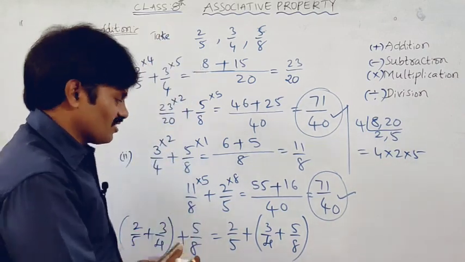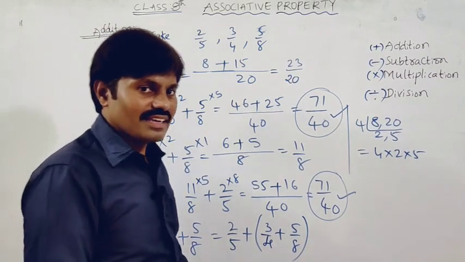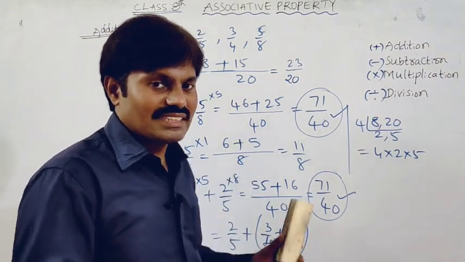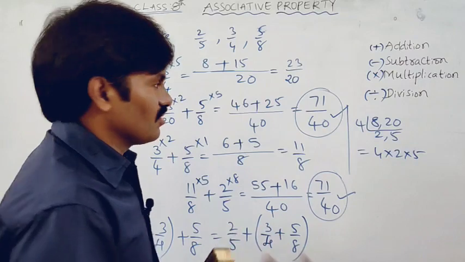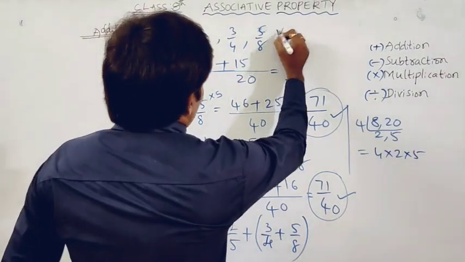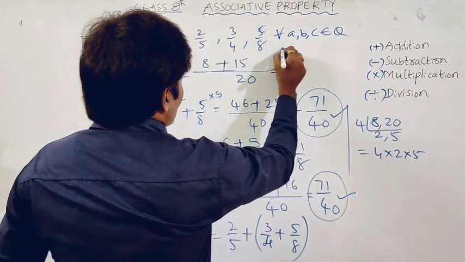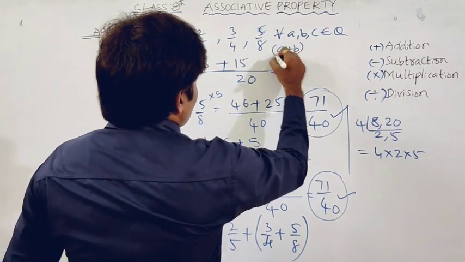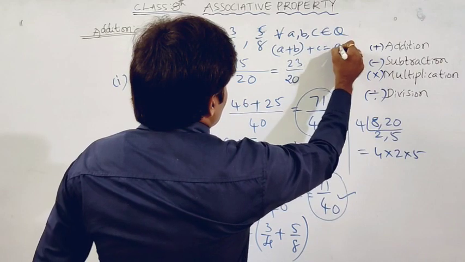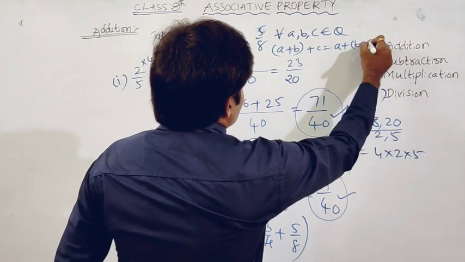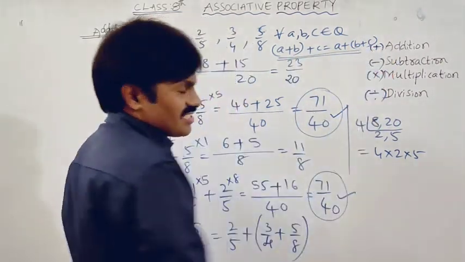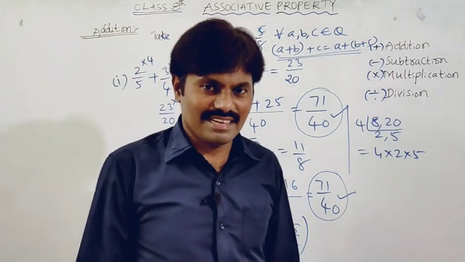If we want to generalize it with variables, for all a, b, c belonging to rational numbers, (a plus b) plus c is equal to a plus (b plus c). This is called the associative property in addition.